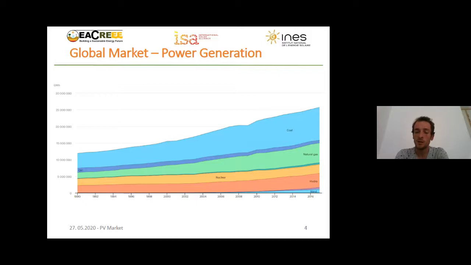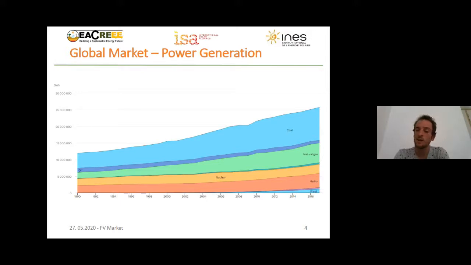This part for solar looks quite tiny, but in reality, when we look at more concrete solar data, the growth of this market is dramatic, and it follows a nice exponential curve.